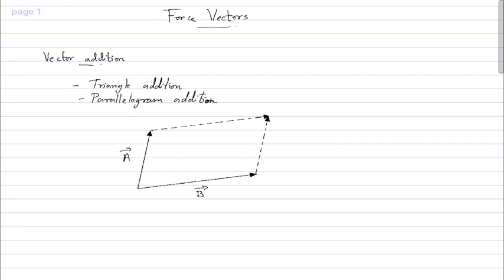If the magnitude and the direction of a vector remain the same, it is the same vector wherever it's located, right?